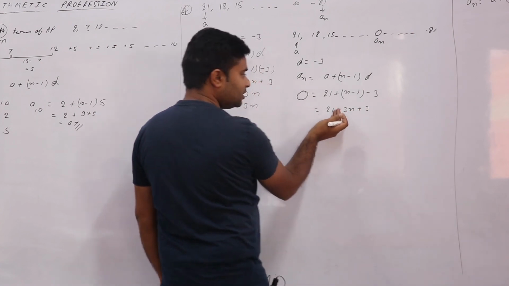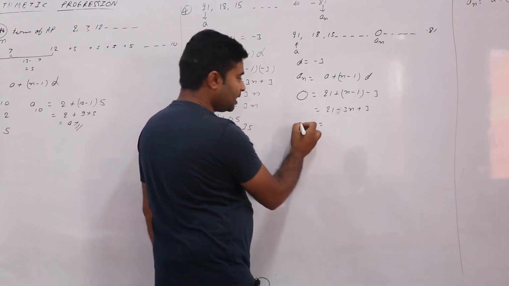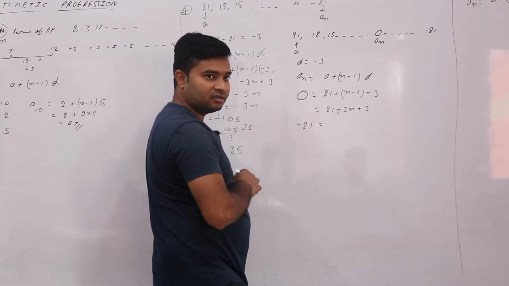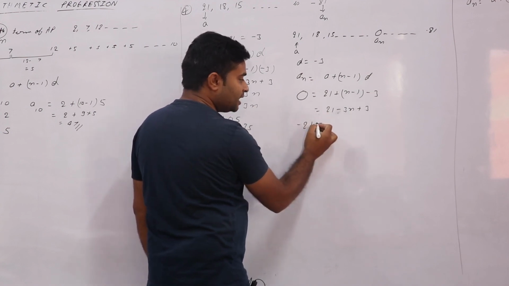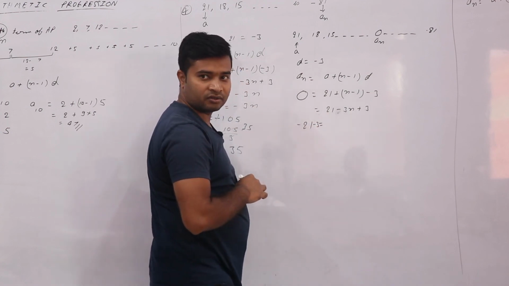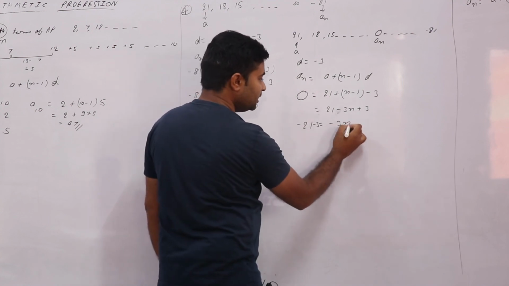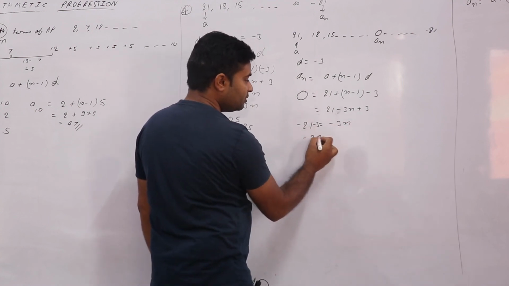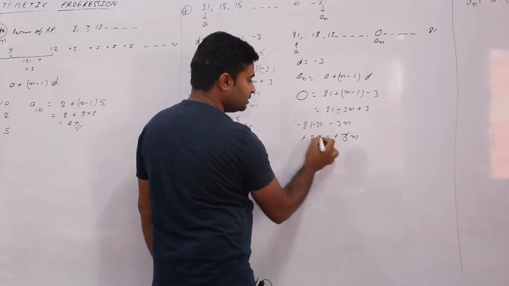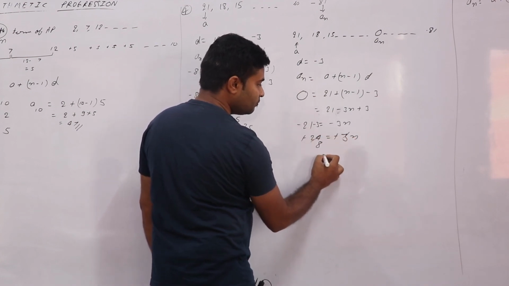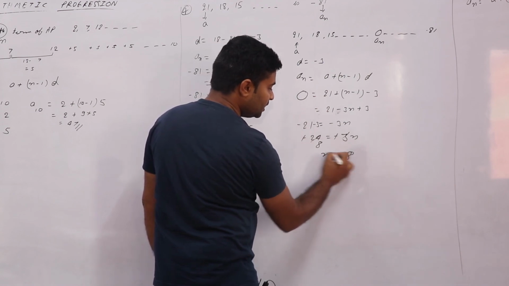So shall I bring this 21 this side directly? So minus 21. And if we bring this 3 also this side, so minus 3 is equal to minus 3n. So this becomes minus 24 is equal to minus 3n. Minus and minus cancel. 3 8s are 24. So n is equal to 8.